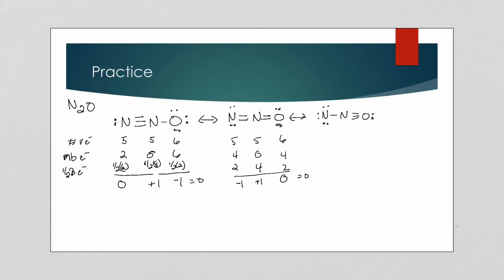Here we have again 5, 5, and 6 to start with. We have 6 non-bonding, we have 0 non-bonding, we have 2 non-bonding. We have half of 2 bonding, so 1. We have again 8 bonding here, so half of that's 4. We have 6 non-bonding, half of that is 3. So we end up with 5 minus 7.